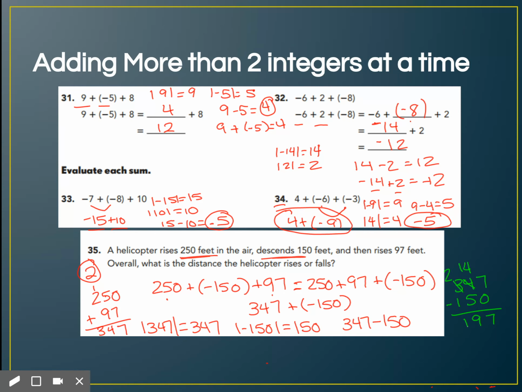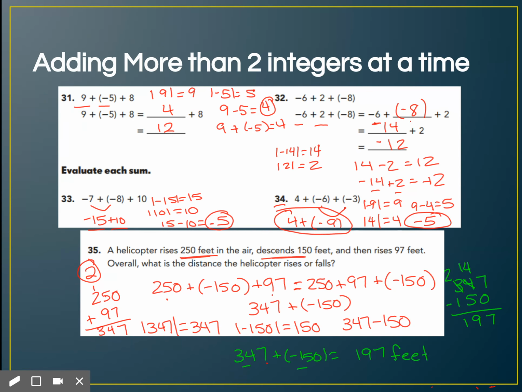So I'm going to look back at my original problem of 347 plus a negative 150. We said the difference was 197. 347 has a larger value than 150. So my answer is a positive 197 feet.